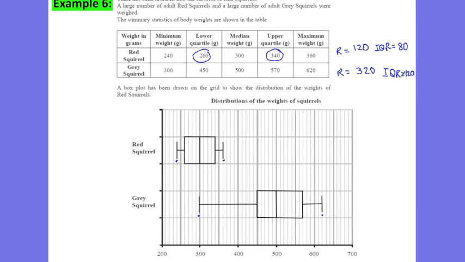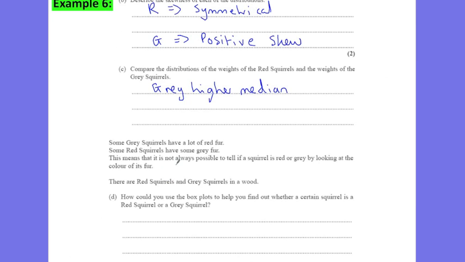So once again, the grey has a bigger spread. It doesn't matter if you back up your reasoning using the range calculation or the interquartile range. So we have a greater spread. And again, you need to reference why the range is bigger or the interquartile range is larger.